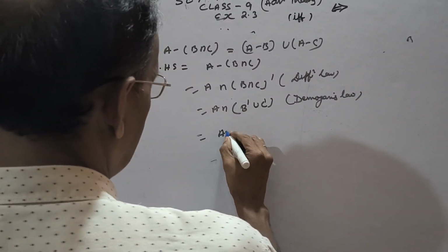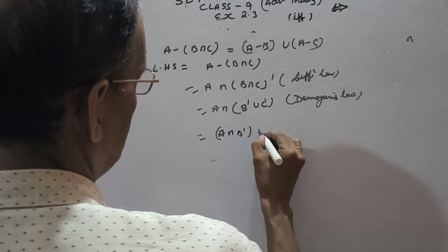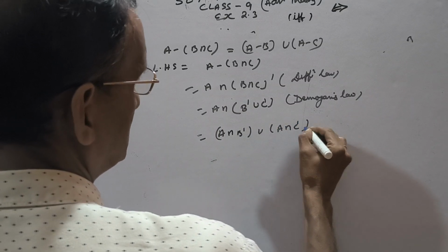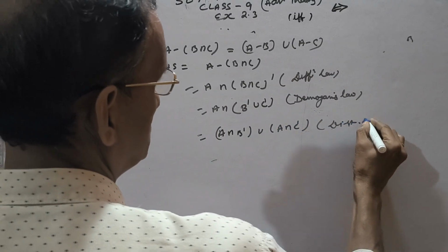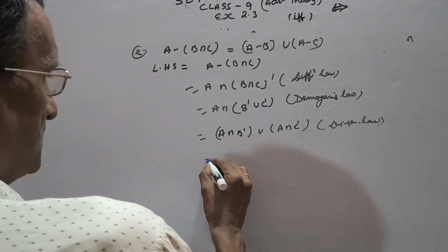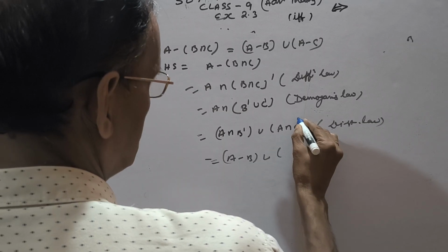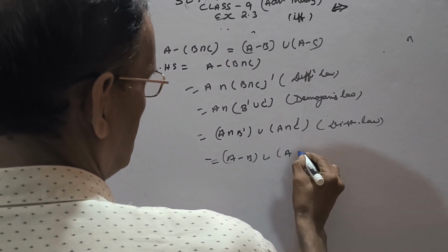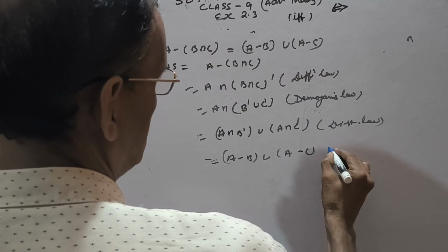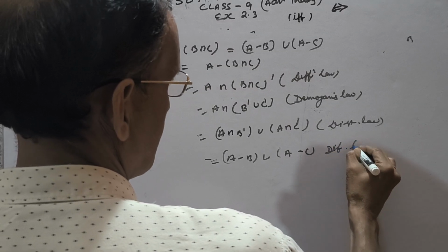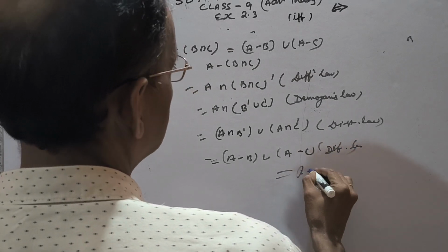Then distribute: (A intersection B complement) union (A intersection C complement), distributive law. And what is A intersection B complement? A minus B. What is A intersection C complement? A minus C. This is the difference law. Okay, it is the RHS.